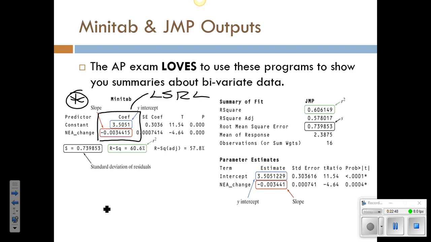R squared is right smack dab in the middle. Do you guys see r squared adjusted? No, you don't. It's not on there.